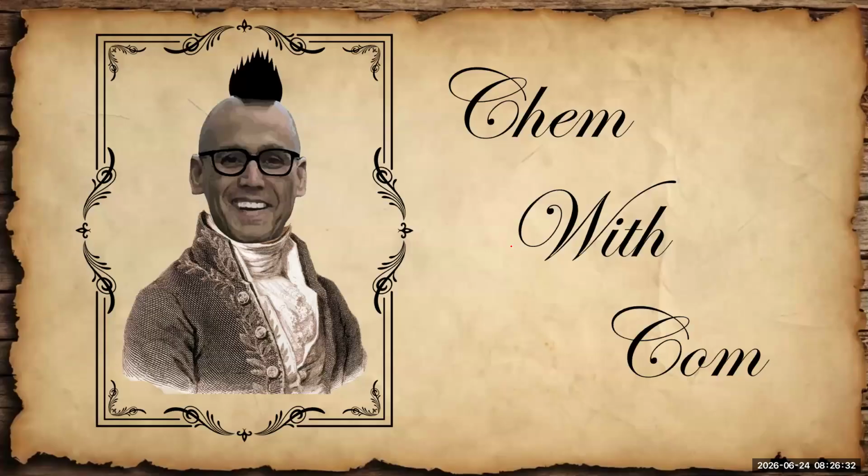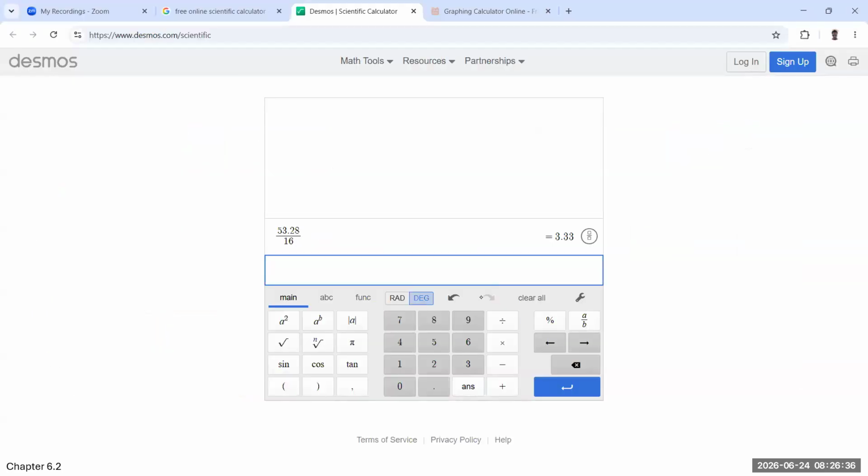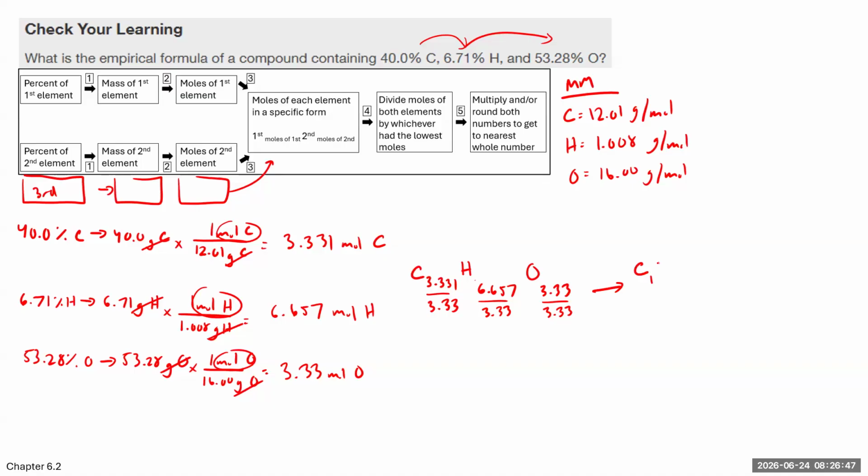Let's do H. 6.657 divided by 3.33, 1.999. So H, 1.999.